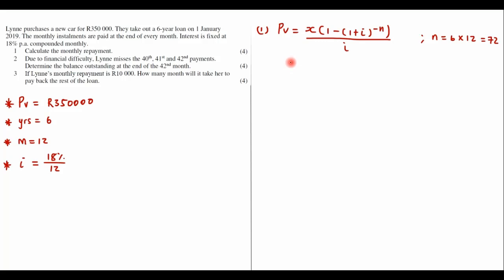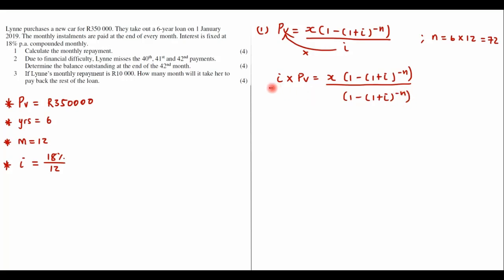Now that we know our n, we need to isolate x, because we want to find this value. To isolate x, I'll first start by cross multiplying, and then I have i times PV equals x into 1 minus (1 plus i) to the power of minus n. And then from there, I'll just divide both sides by 1 minus (1 plus i) to the power of minus n.